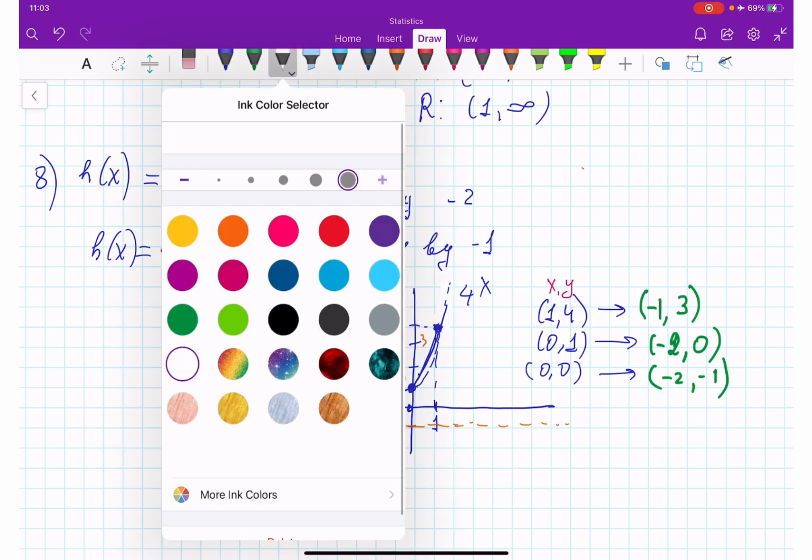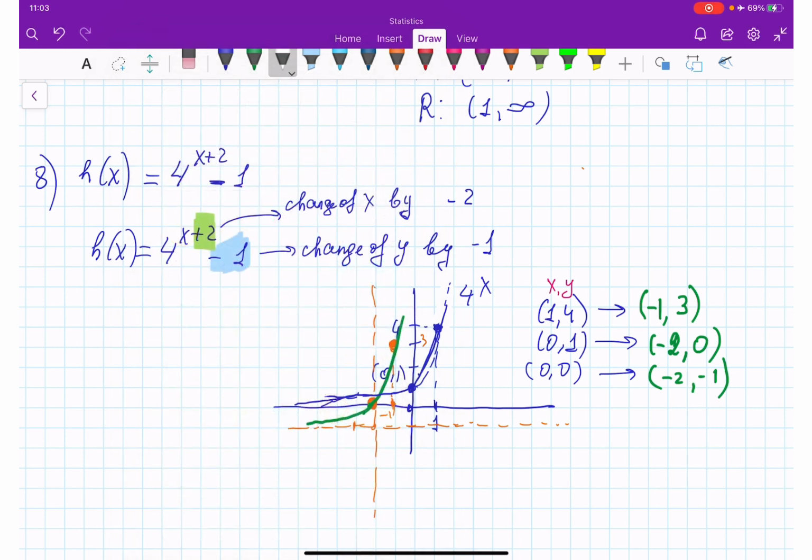All right. Okay. So this is our 4 to the power x. And this one is my 4 to the power x plus 2 minus 1. Let's check it. My x has to be shifted by -2, right?